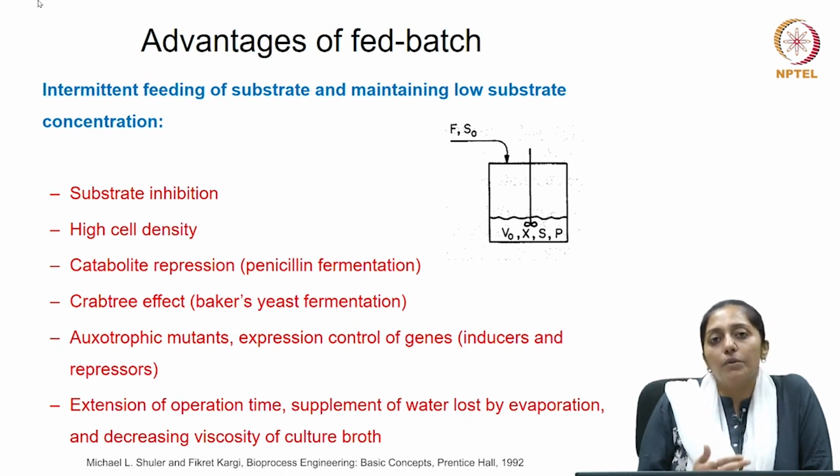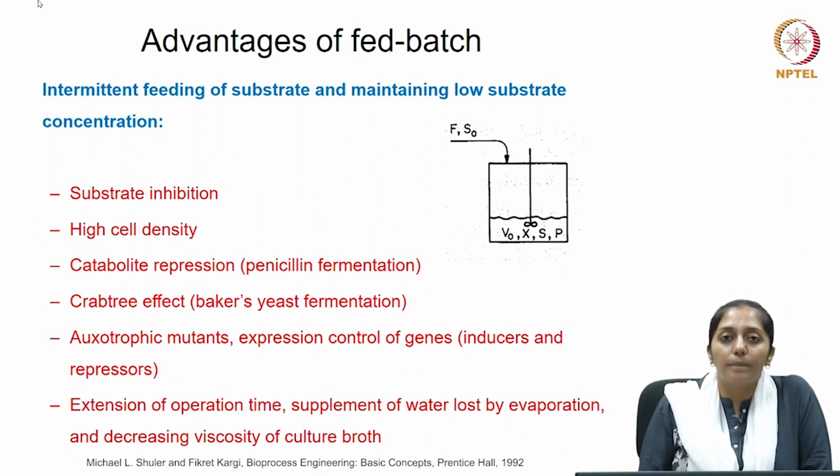So, if you want to avoid substrate inhibition, you would like to keep the substrate concentration in the medium always below the inhibitory levels. One can maintain this throughout the cultivation period if you can manipulate the inlet feed rate. So, this is what is enabled in a fed batch process.